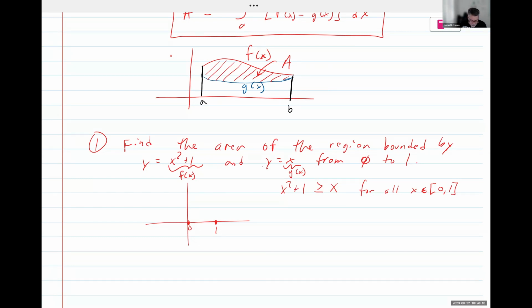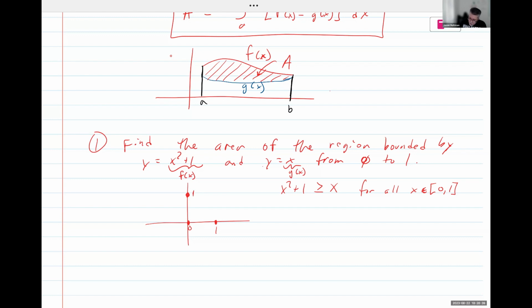Okay, graphically, we could see this pretty easily. If I graph x squared plus 1, what does it look like? It's definitely a parabola, and it has a y-intercept at 1.